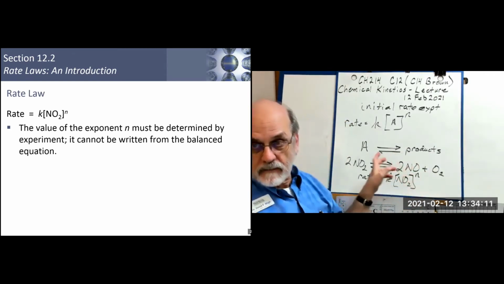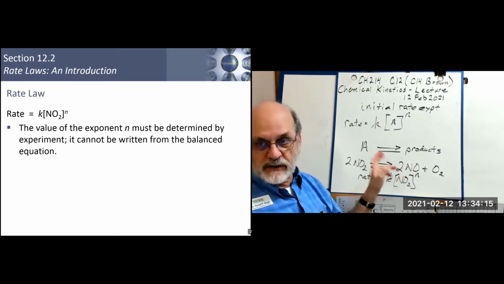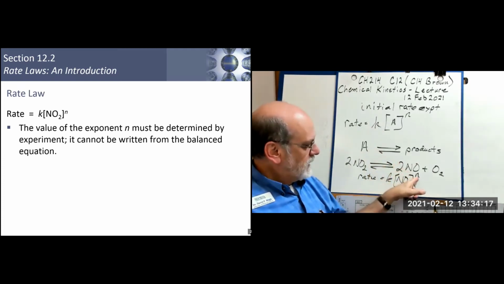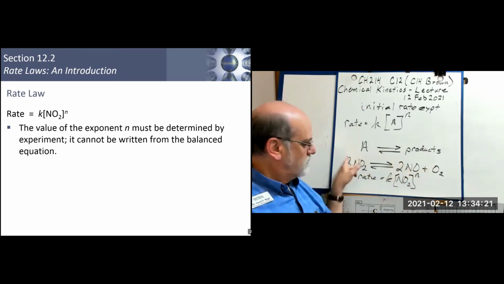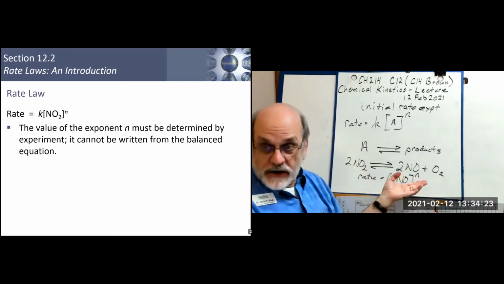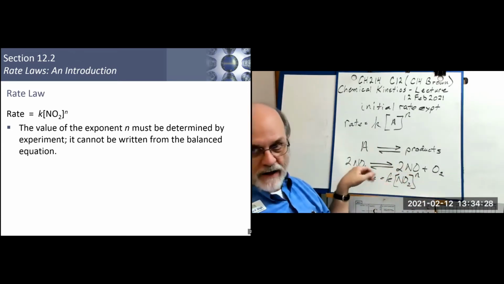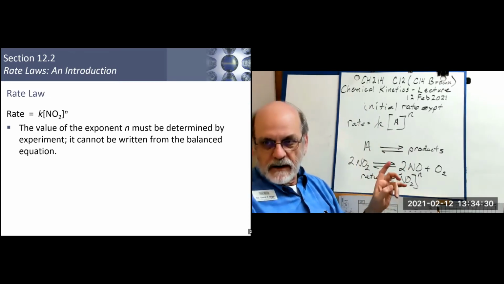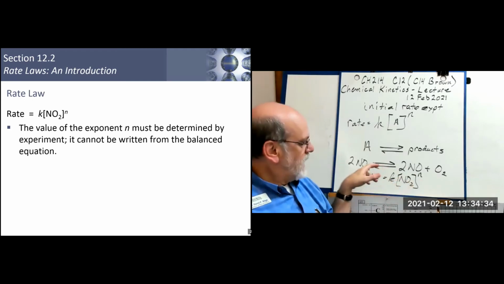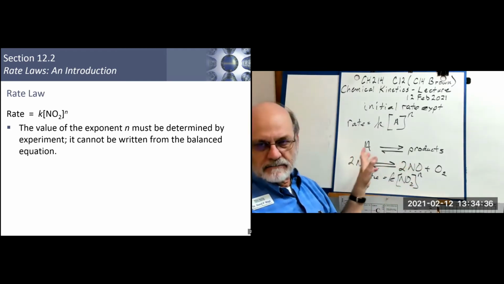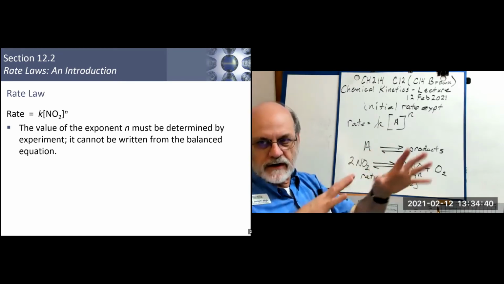That n must be determined experimentally. It has no relationship at all to these coefficients. If it does turn out to be 2, it's just coincidence. It's not derived from the coefficients. Because we're studying the speed of the reaction here, and this is more of an equilibrium situation where everything's in balance.